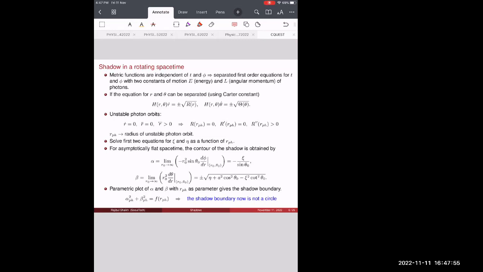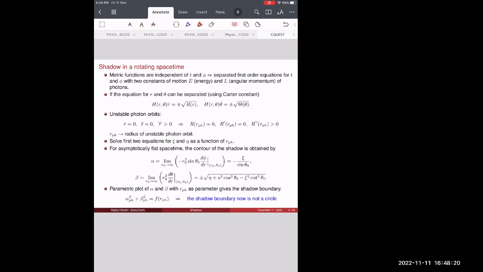Therefore, if we join all those unstable circular orbits, we will not have a sphere, but a deformed sphere. And the projection of that onto the observer sky will not be a circle, but some curve which deviates from the circle.